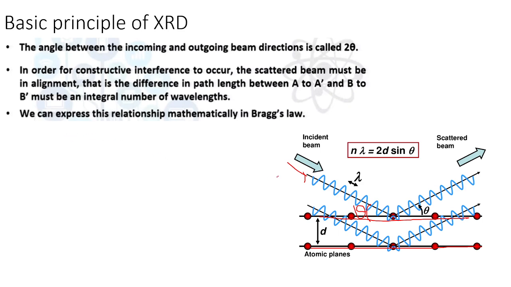Now Bragg's law: n lambda equals 2d sin theta. N is the order, it may be 1 or 2 or 3, whatever. For constructive interference, the scattered beams must be in alignment. The difference in path length between A to A prime and B to B prime must be an integral number of the wavelength. That's why n is always an integer value.